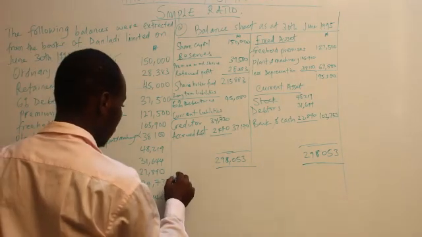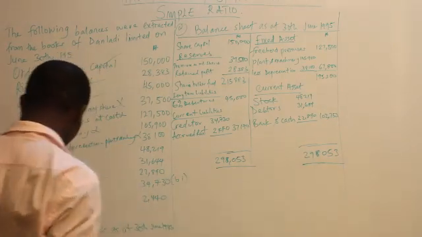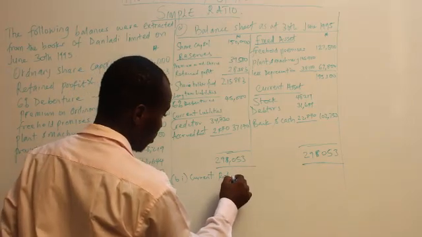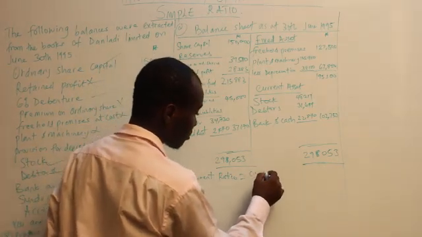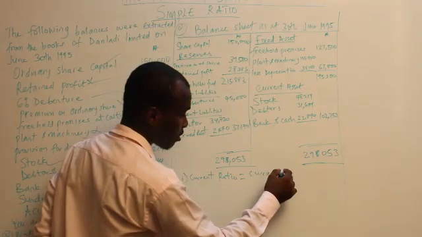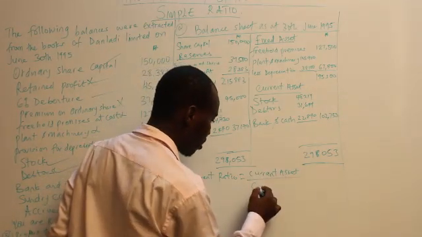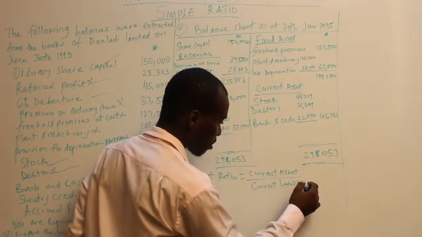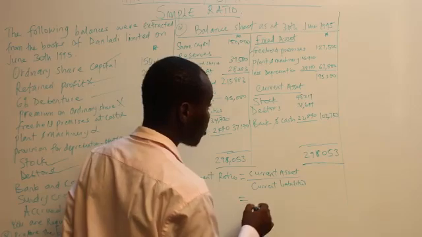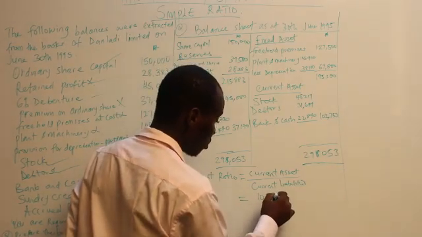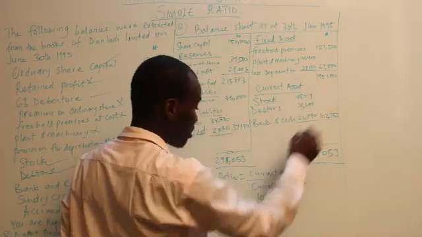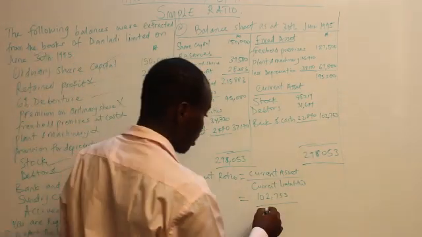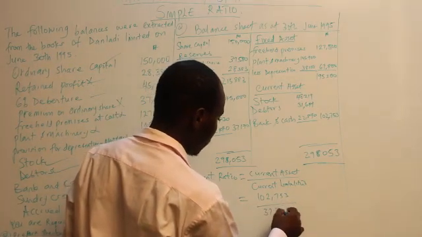B. BI is to calculate the current ratio. So the current ratio is the current asset over the current liability. So we have current asset, which is actually 102,753, over the current liability, which is 37,170.